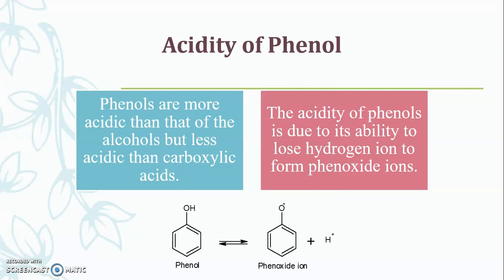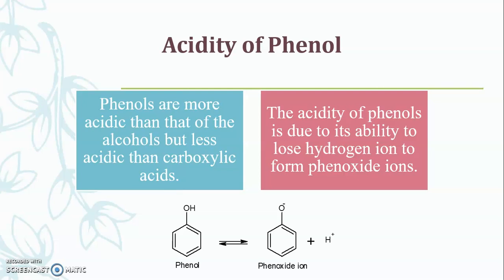Also, why is the bond between this aromatic system and oxygen quite strong? Because we know that this oxygen atom has the electron donating resonance effect. In previous lectures we have discussed the meaning of electronic effects, inductive effect and the resonance effect.